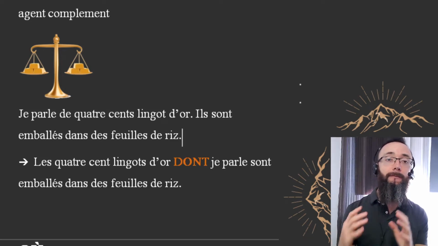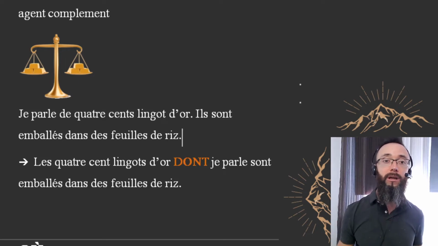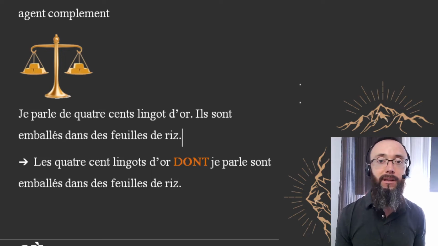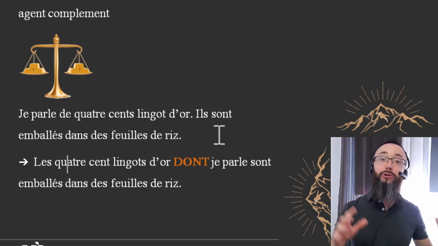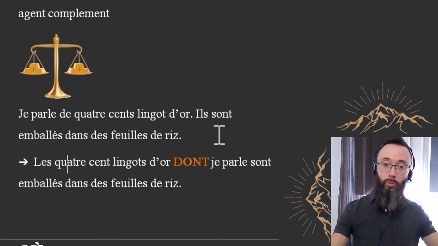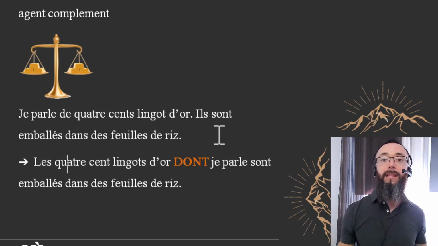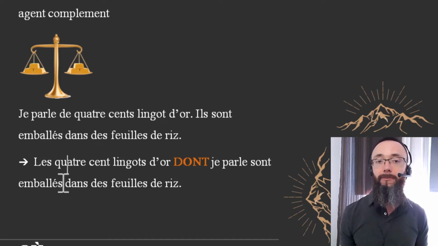I'm talking about 400 gold bars, which are wrapped in rice leaves. Elles sont emballées dans des feuilles de riz. Well, les 400 lingots d'or dont je parle, that I'm talking about, sont emballés dans des feuilles de riz.